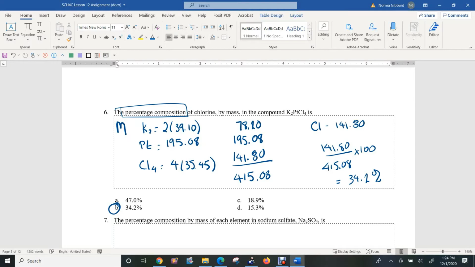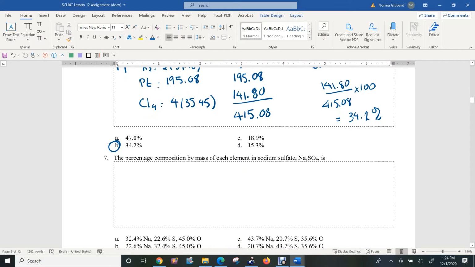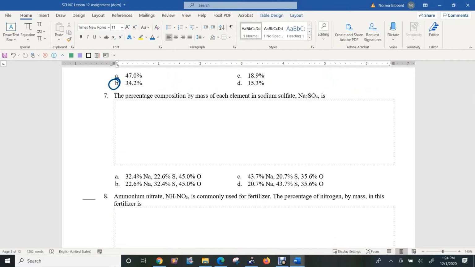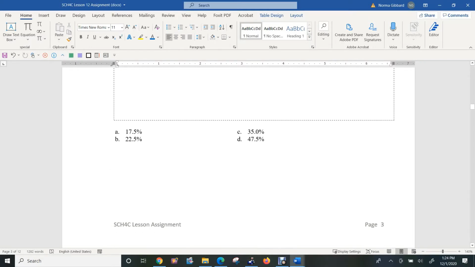And that is your percentage composition. Number 7, I'm going to let you do that, and you should get the answer A. And I'm going to let you do number 8. Your answer should be 35.